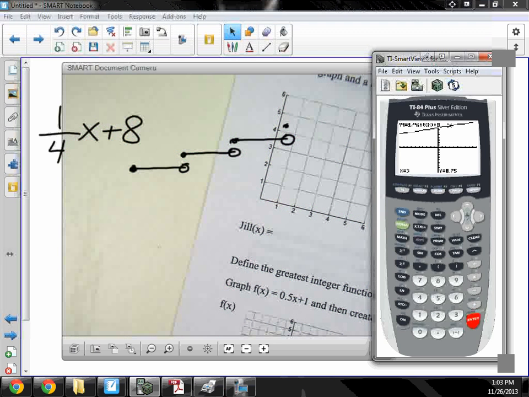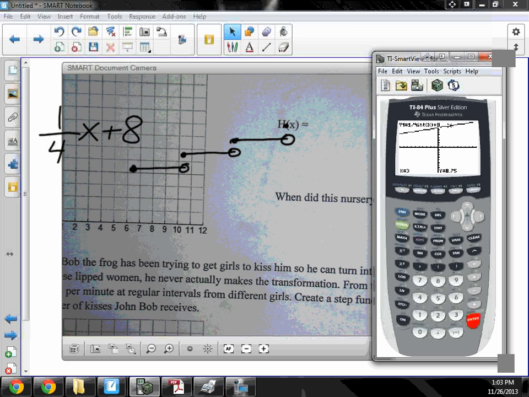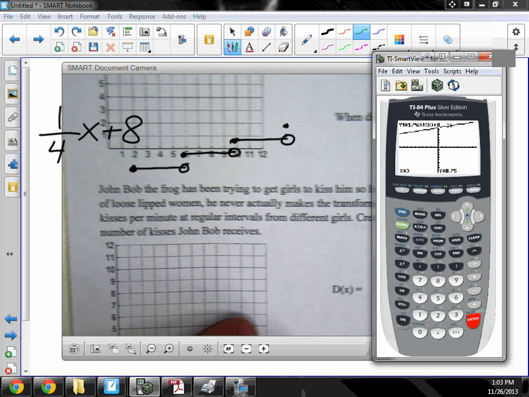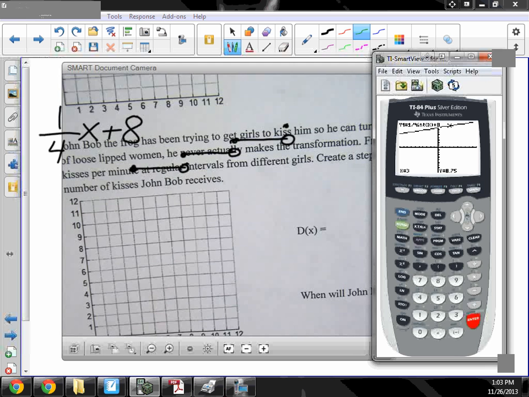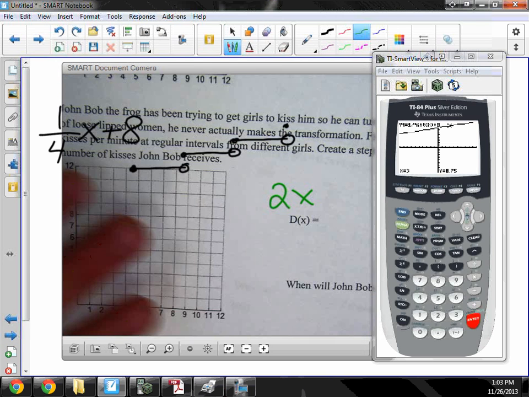So the function is going to be 2x, and it's going to be, oh man, there we go.